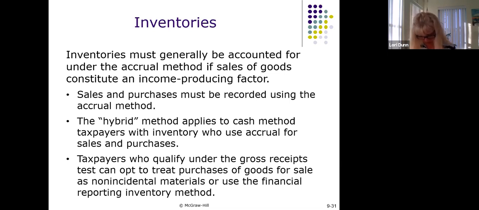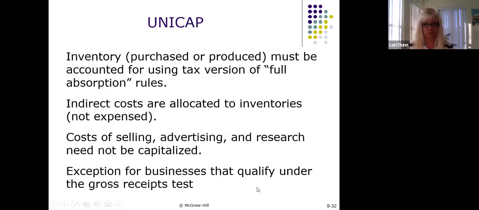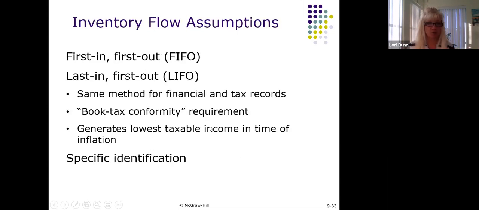Okay, so we just want to bring that up, that you can, if you meet certain gross income limits, treat them as an expense when you buy them. But generally, they are deducted when you sell them, not when you buy them. Not worry about UNICAP. That's a little bit beyond our scope.